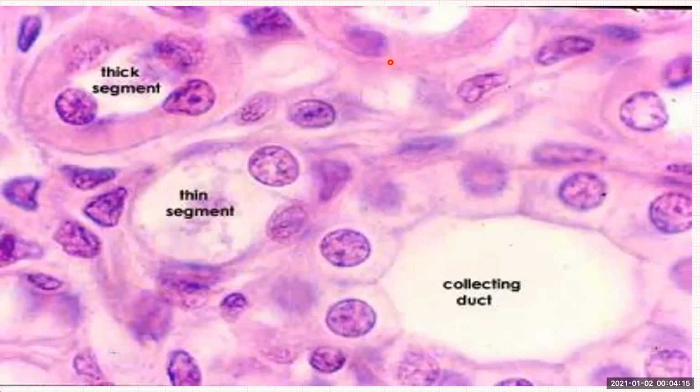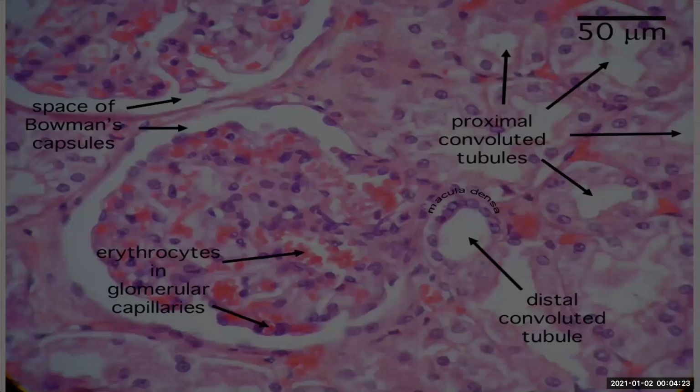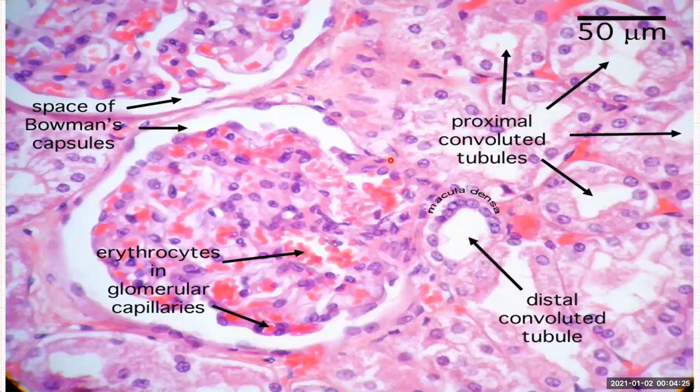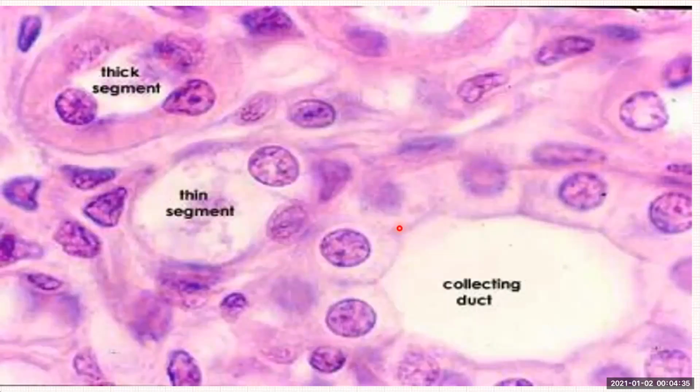So this is the whole picture of the medulla. We know that in the medulla, we find the loop of Henle and the collecting duct only. If we talk about the cortex, we find the glomerulus, the Bowman's capsule, the proximal convoluted tubule as well as the distal convoluted tubule. These structures are found in the cortex and these structures are found in the medulla.